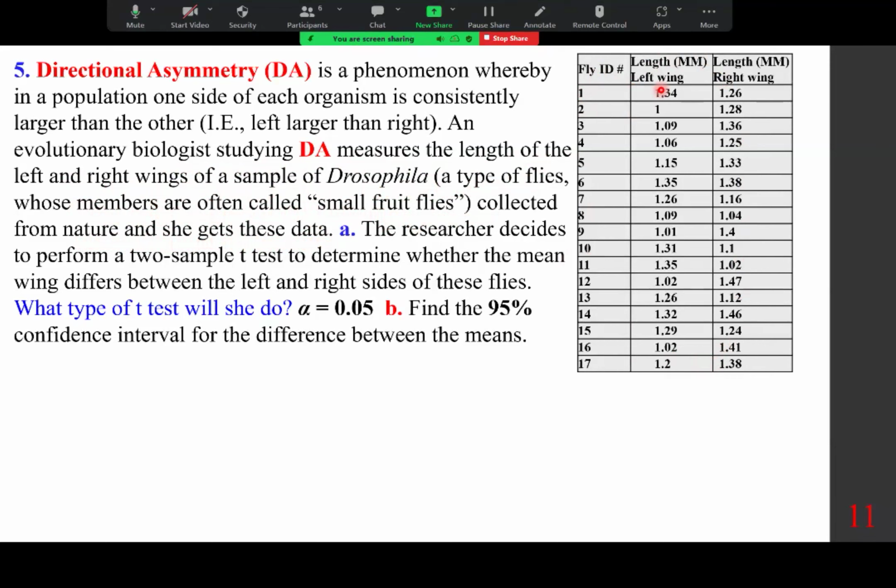The first one, left wing, right wing in millimeters, the second one, the third one, and so on and so forth. So this is the collected data.